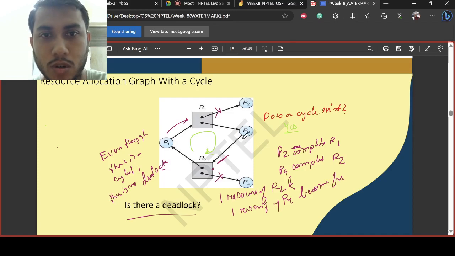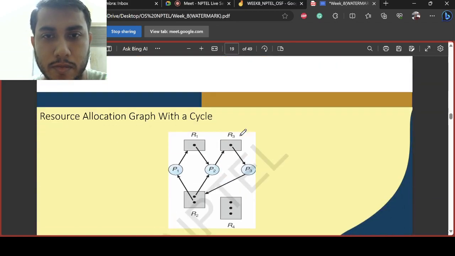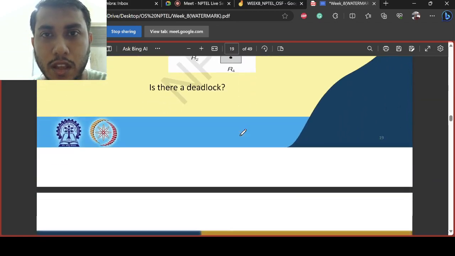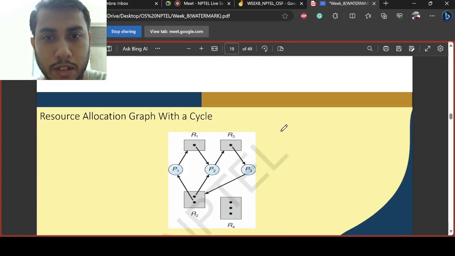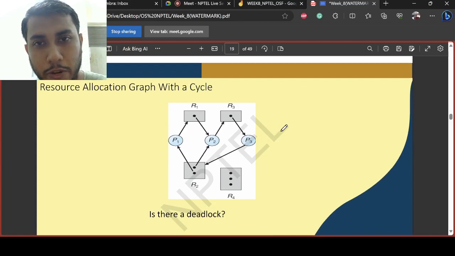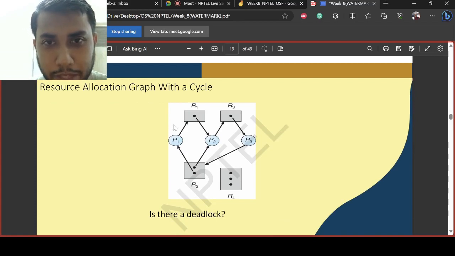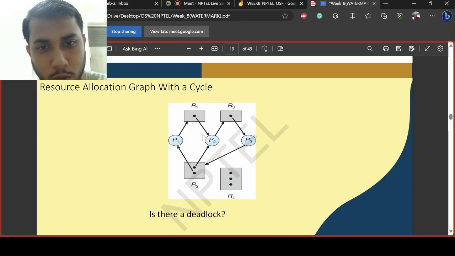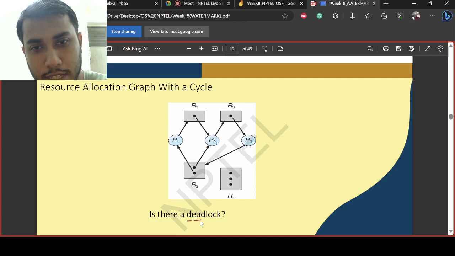Okay, so let's go to another example. Now consider this one. So here you have three processes, P1, P2, P3, and basically four resources. So the question is, is there a deadlock here?